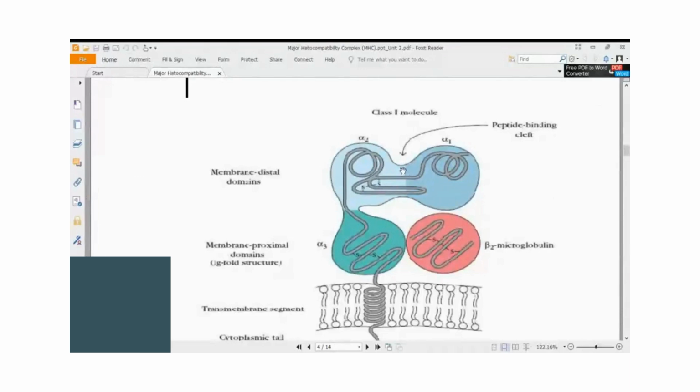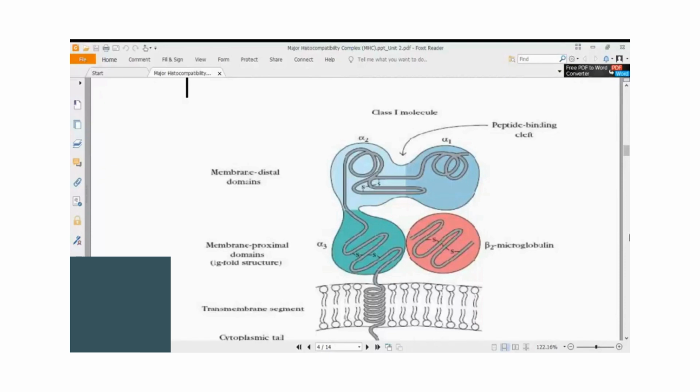The peptide chain will be of 10 amino acid residues, not more than that. It can be anywhere between 8 and 10. Generally, the peptide that binds in the antigen binding cleft is called a nonamer, because predominantly 9 amino acids will be there, but it can go up to 10 amino acids.